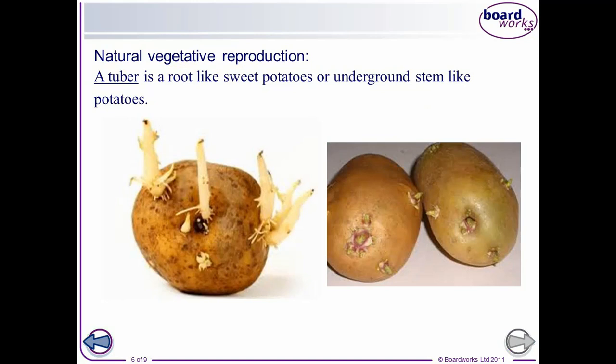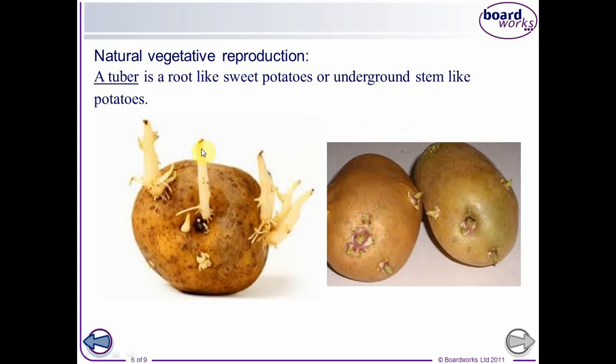Natural, like tuber, the method of natural is tuber, and it occurs in potato like this. Tuber, it's a root like sweet potato and underground stem like potatoes. It occurs in potato and sweet potato. And this part called bud.